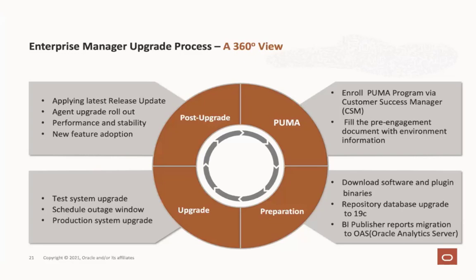Once the upgrade is completed, you can validate the new features in the product, play around with them and see whether you are hitting any bugs, and also validate the overall performance after the upgrade. Once that system is done, you can slowly move to the higher lanes of your environment: move to your non-production, and once that is completed, move on to production. So that is the upgrade stage.